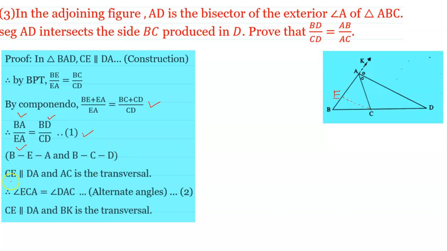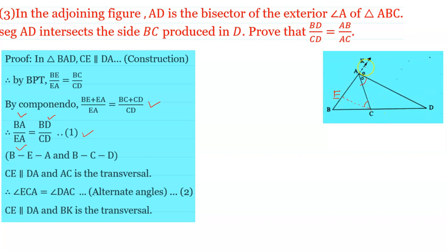Okay. Next, CE is parallel to DA, and AC is the transversal. Therefore the angle ECA and the angle DAC, these are the alternate angles.